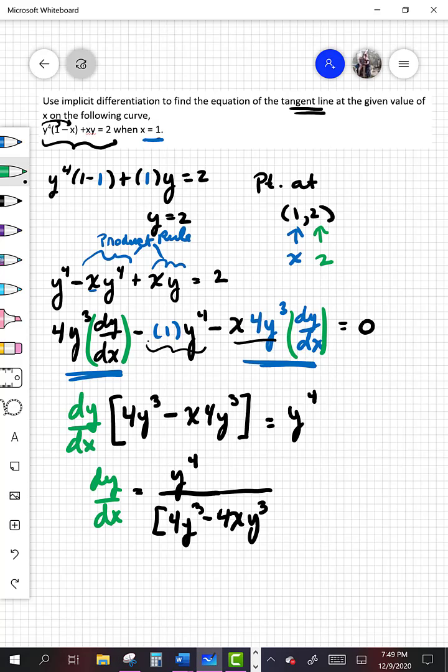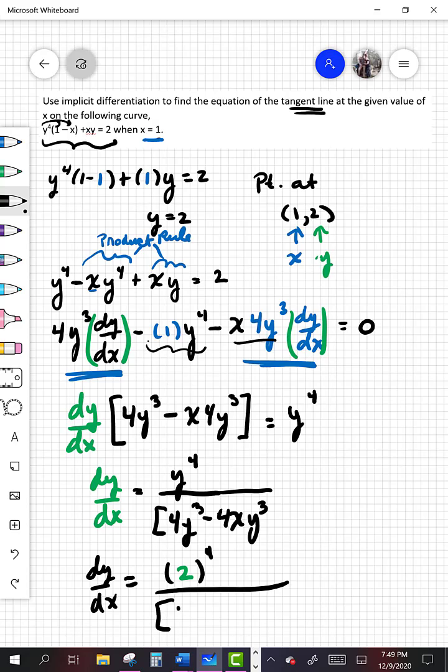So going in here, we're going to go back in and substitute in what we have for y and x. We have the derivative at the point (1, 2) is 2 to the 4th all over the quantity 4 all times 2 cubed minus 4 times our x value, which is 1, times y cubed, so 2 cubed.